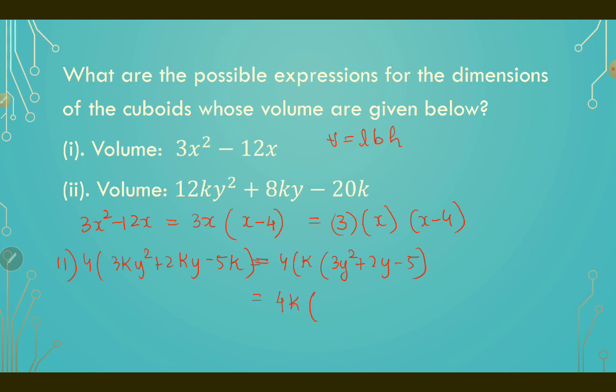I get 4k common outside: 3y² − 3y + 5y − 5. So 4k, when I take 3y common from here, I get y − 1, and 5 common, I get y − 1. This is nothing but 4k into (3y + 5) into (y − 1). These are the dimensions of length, breadth and height.